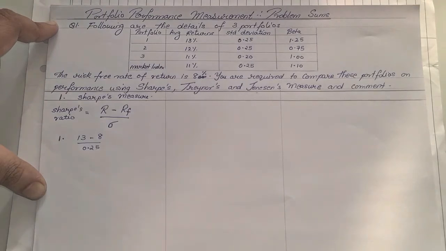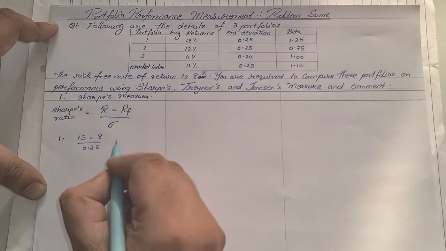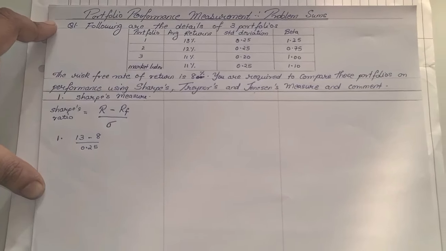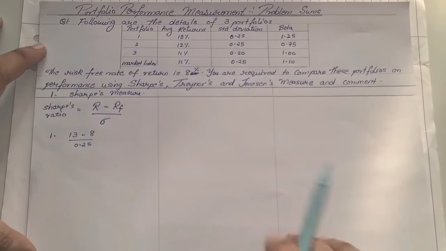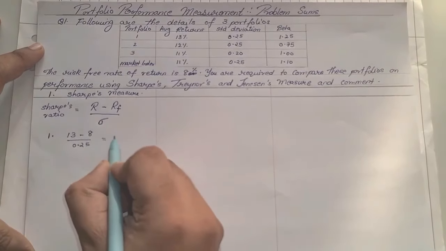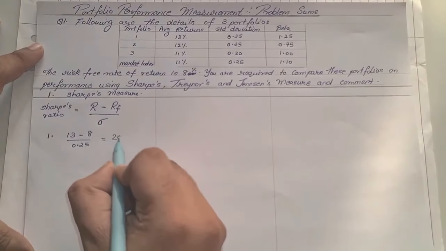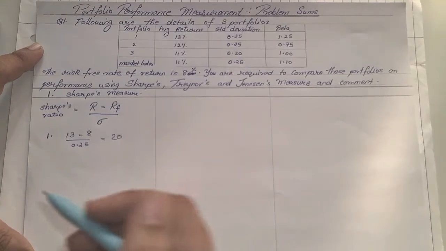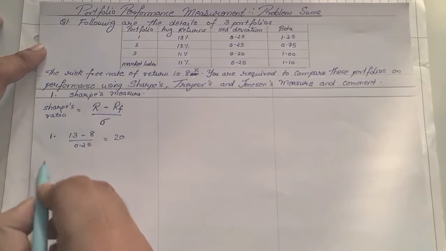So 13 minus 8 divided by 0.25. Now this is the standard deviation. While calculating it, the value that we get is 20. So that's the performance measurement using Sharpe's ratio for portfolio 1.